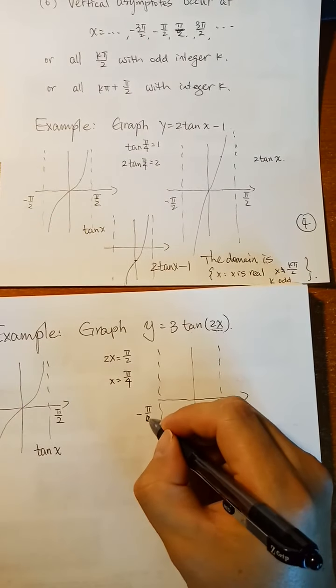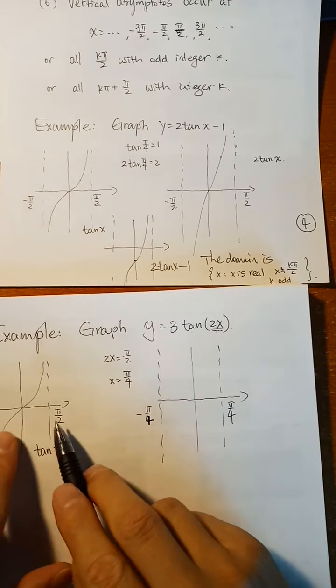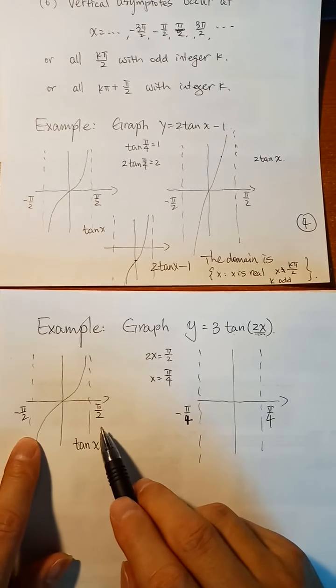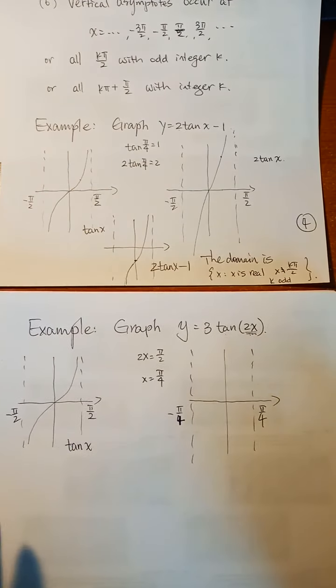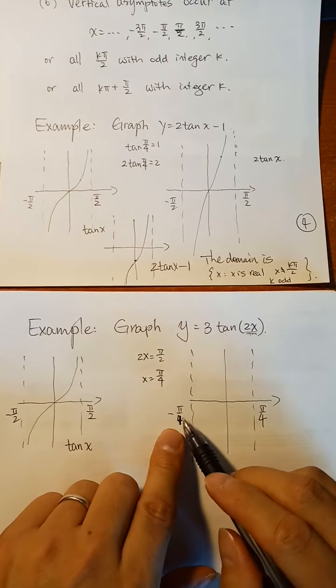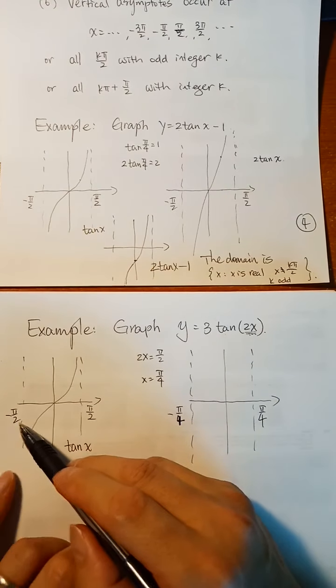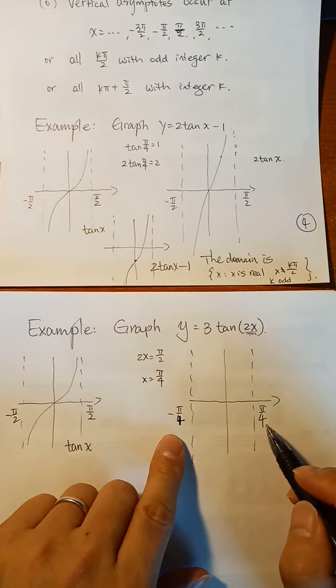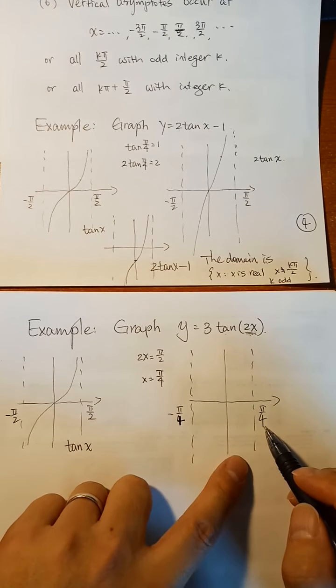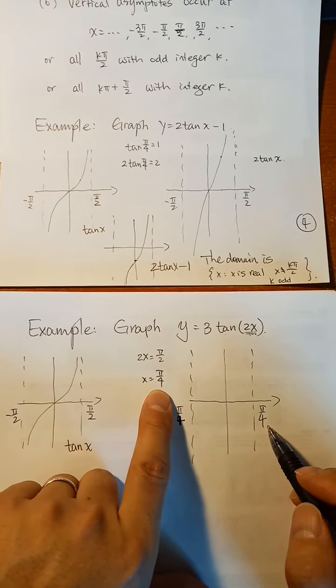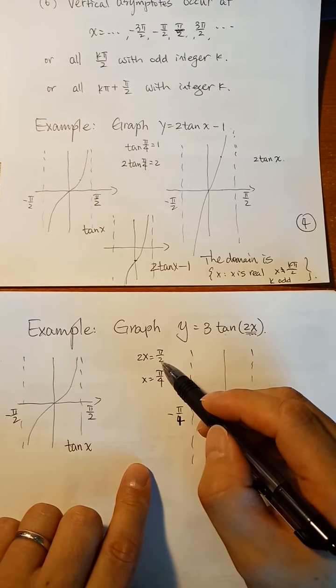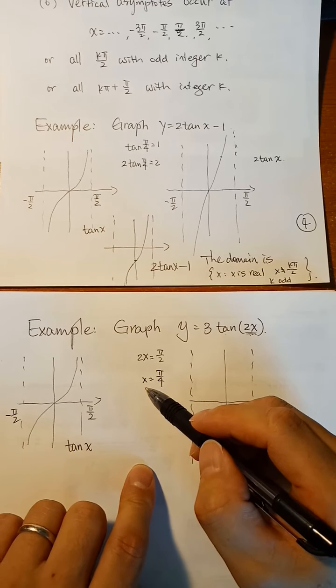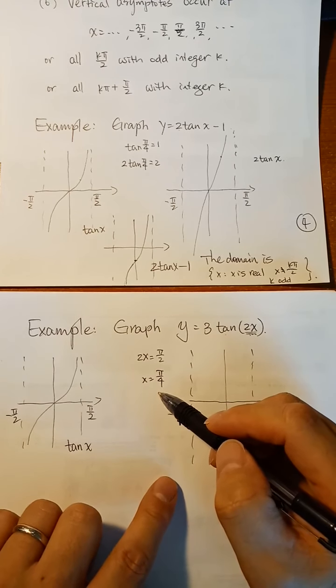Sorry, this is 4. Originally it's from negative pi over 4 to positive pi over 4, but now you have to change it. This is negative pi over 2 to positive pi over 2, and now you're going to change it to negative pi over 4 to positive pi over 4. How do I get pi over 4? I let 2x be pi over 2. You solve for x, you get x equal to pi over 4.